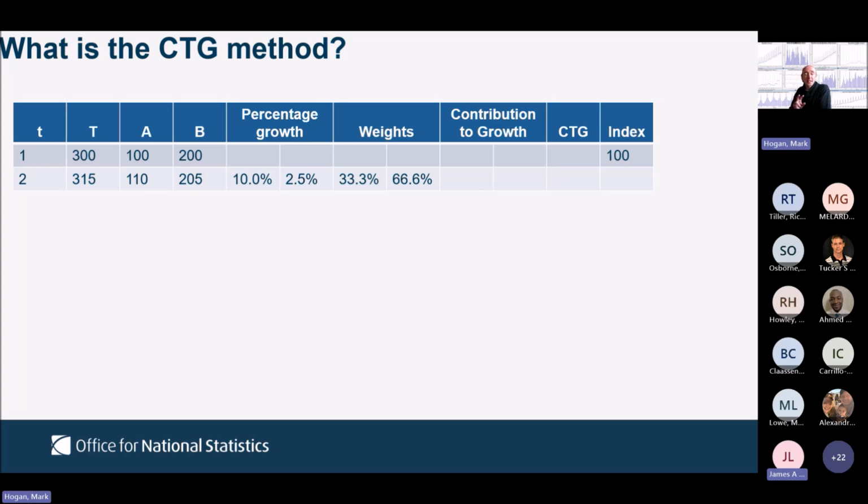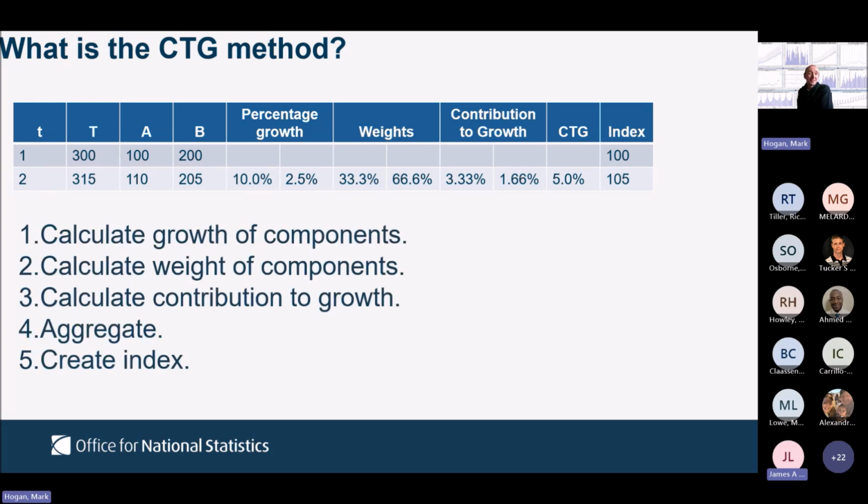We then multiply the growths and the weights to get the contribution to growth from each component, and we can sum them to get the total contribution to growth, and we can use that to form an index. So that's the growths, the weights, that gives us a contribution to growth, and then we aggregate to get the index.